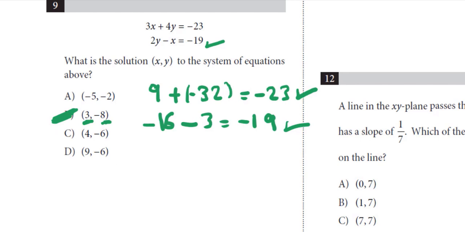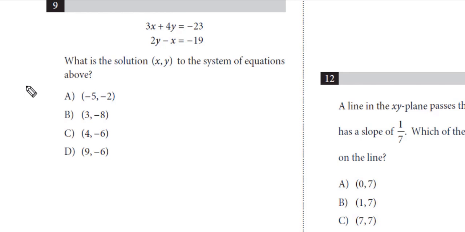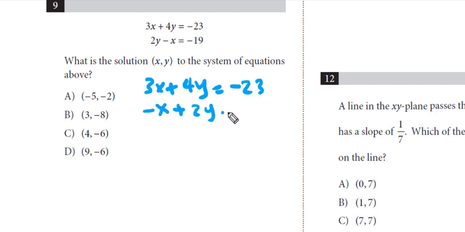Or you can use another solution for this question. If you rewrite the two equations here, 3x plus 4y is equal to negative 23, and here negative x plus 2y is equal to negative 19, and solve it using elimination.